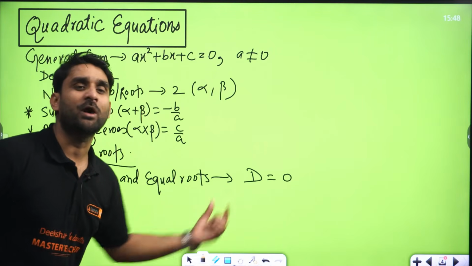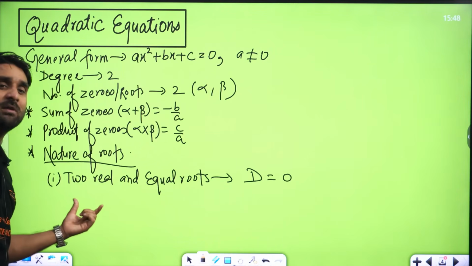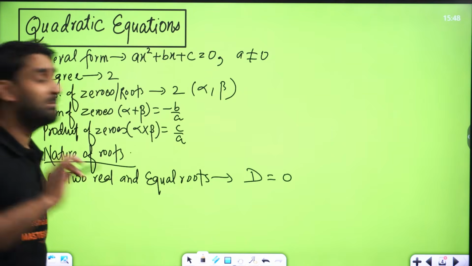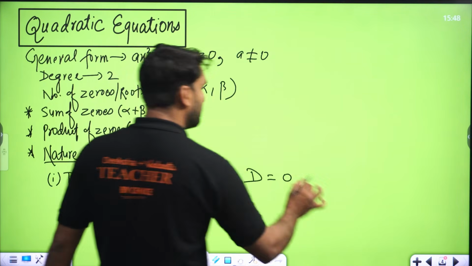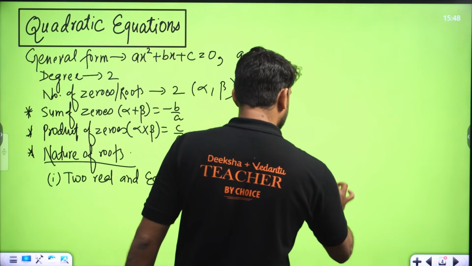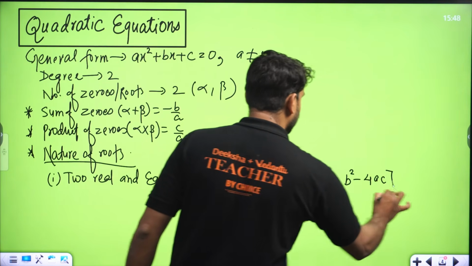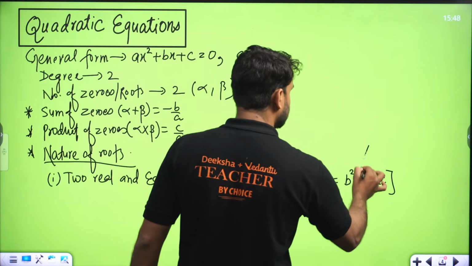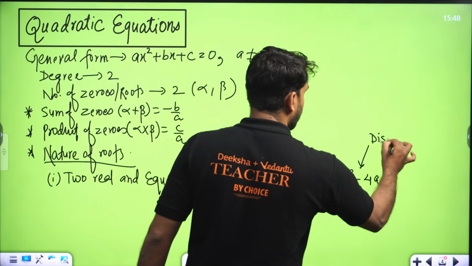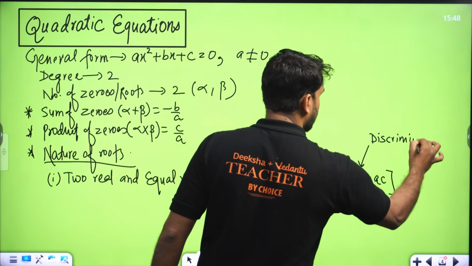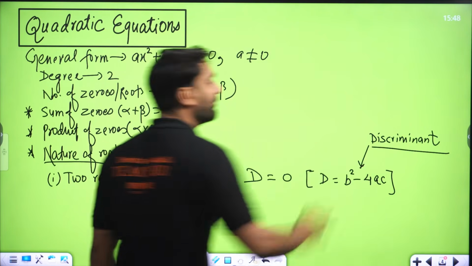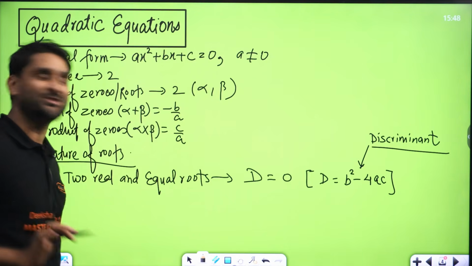If the discriminant of a quadratic equation is equal to 0, it means there will be 2 real and equal roots. Now you might be thinking, sir, what is the discriminant? Let me tell you, the discriminant D is equal to b square minus 4ac. This is called the discriminant, a very important formula.